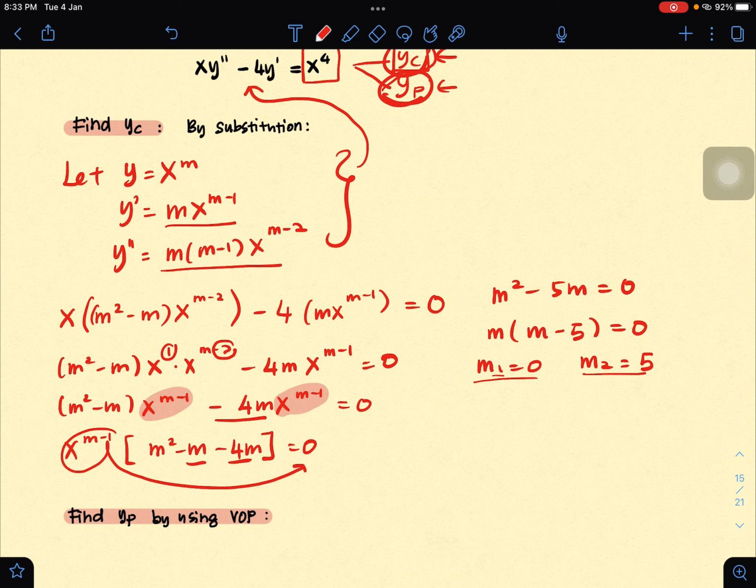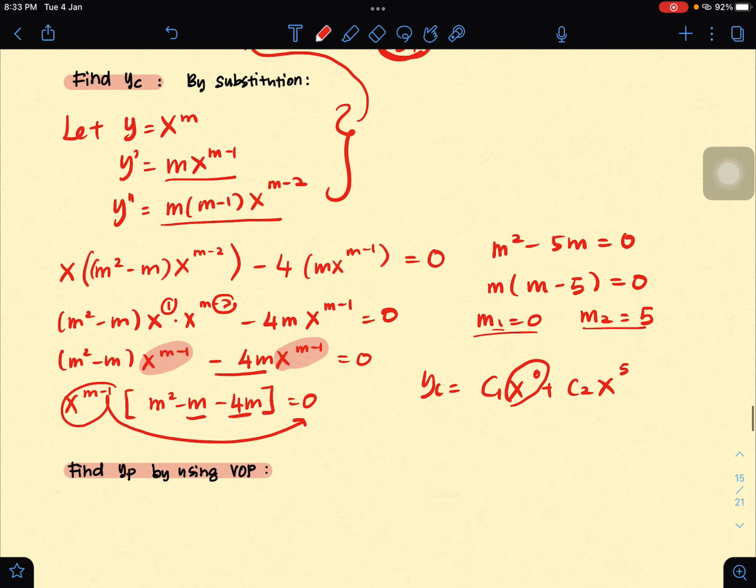So for real and distinct roots, your yc will be c1 x to the power of 0 plus c2 x to the power of 5. And x to the power of 0 is equal to 1, therefore your yc will be c1 plus c2 x to the power of 5. So this one is your yc.